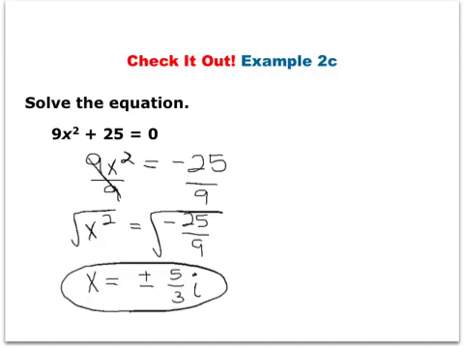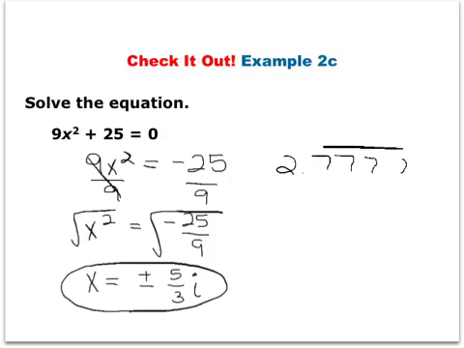This last one was a little tricky, not too bad. I was trying to solve for my variable, and I recognized that when I divided both sides by 9, on this side I have a perfect square over a perfect square. So I didn't want to actually do that division. It just made it harder. 25 divided by 9 is 2.7777 repeating.